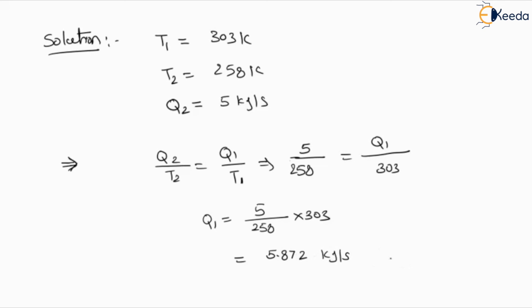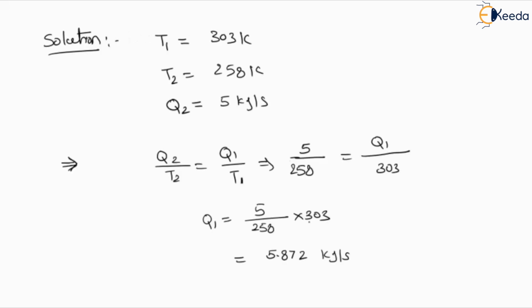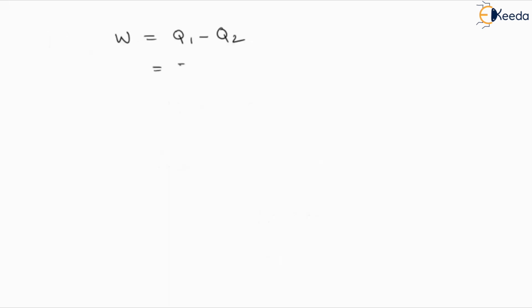Now we have the values of Q1 and Q2, so we can determine the work input W. It will be Q1 minus Q2, which is 5.872 minus 5, so it is simply 0.872 kilojoule per second. This is the value of work input, or work done on the system.